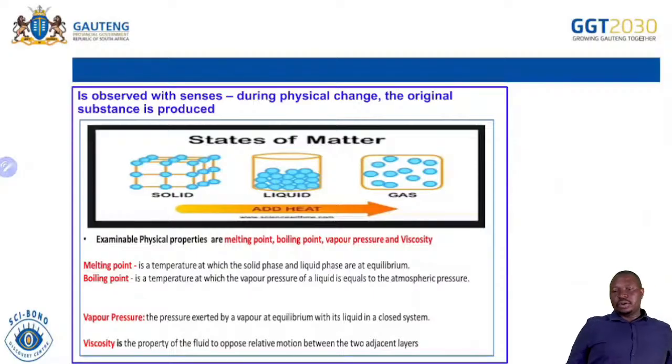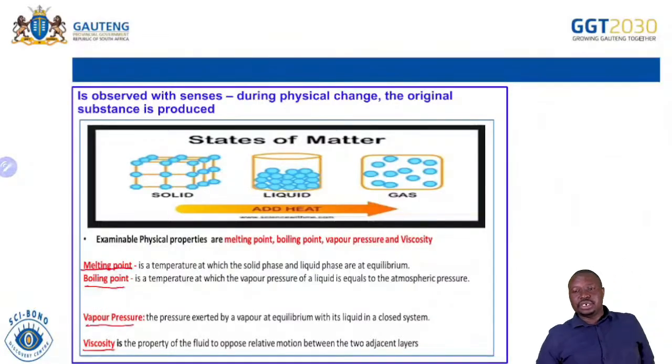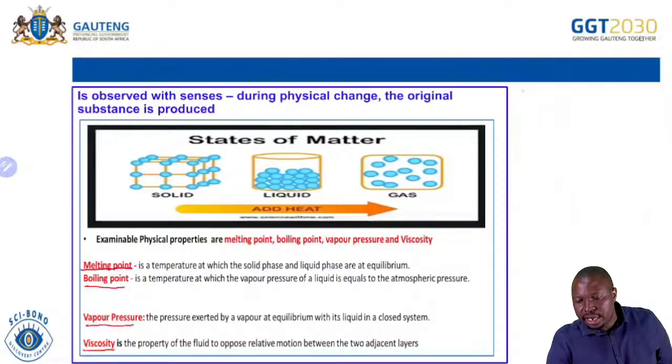But the most important thing, remember guys, is that you must first know the definitions. What is melting point? What is boiling point? What is vapor pressure? What is viscosity? I will usually say melting point is not a point. It's the temperature at which the solid phase and the liquid phase are at equilibrium.